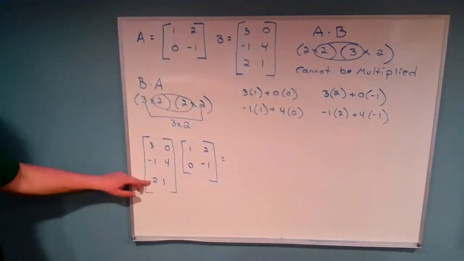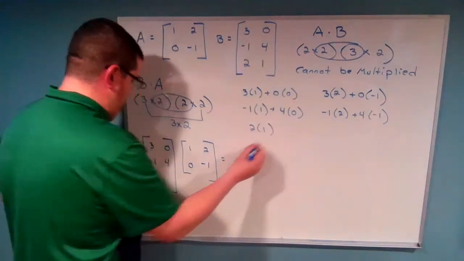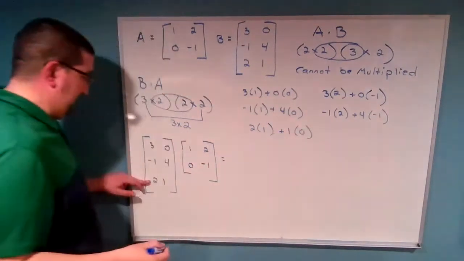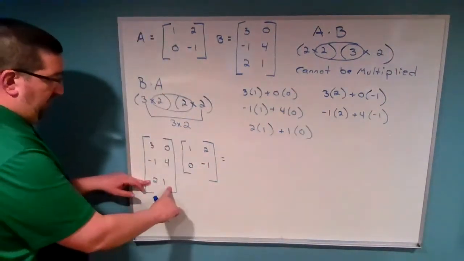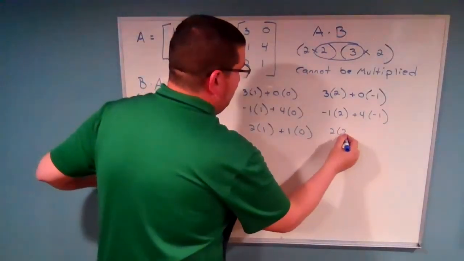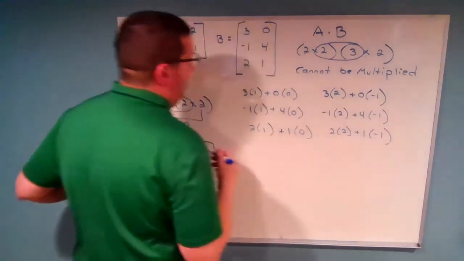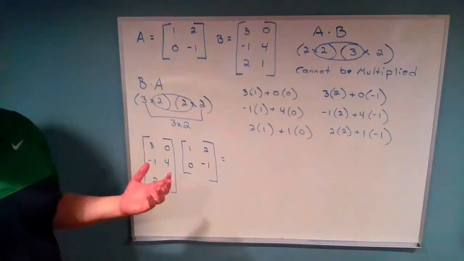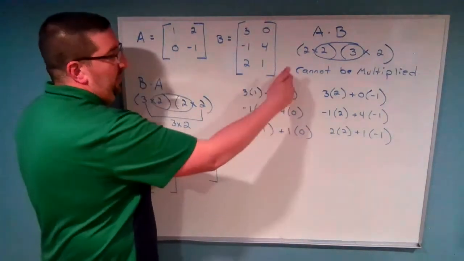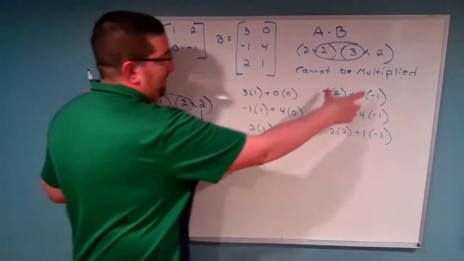Move on to our third row. That's going to be 2 times 1 plus 1 times 0. And then our third row times our second column would be 2 times 2 plus 1 times -1. When doing this, something that really helps me out, so I'm not looking back and forth, as I mentioned before, is that the numbers in my parentheses are going to be the same vertically.